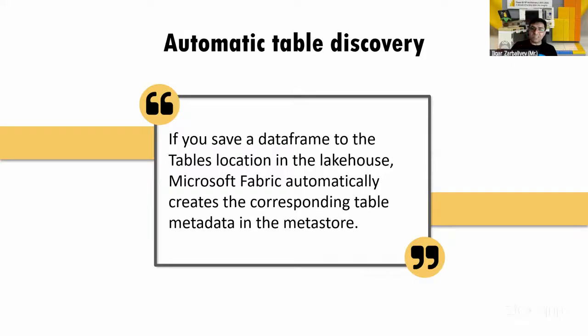In other words, the distinction between saving files and creating a table quietly disappears when you write into tables. The table simply appears. That's convenient, but it's also worth knowing about deliberately because it explains behavior that can otherwise look surprising. Tables appearing in your lakehouse that you don't remember creating explicitly.